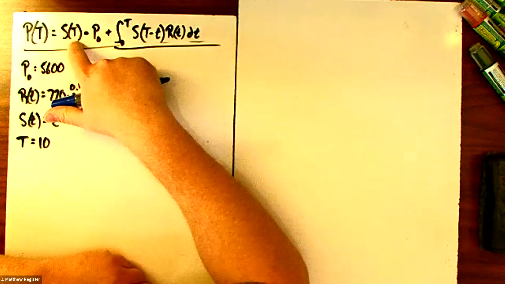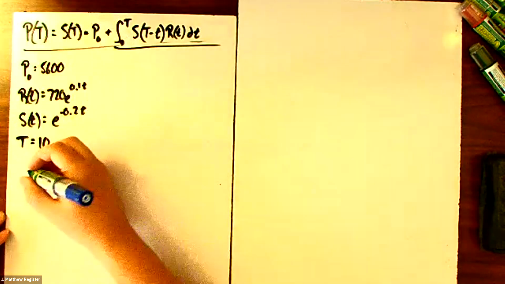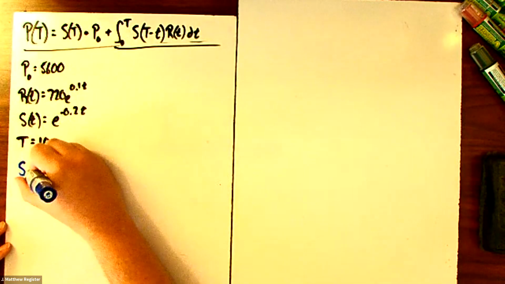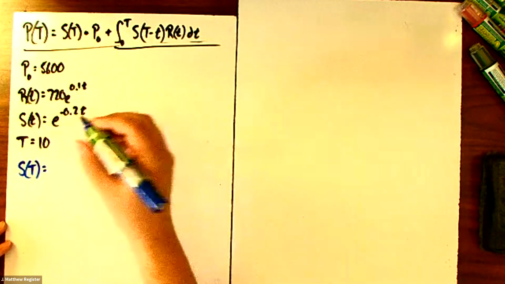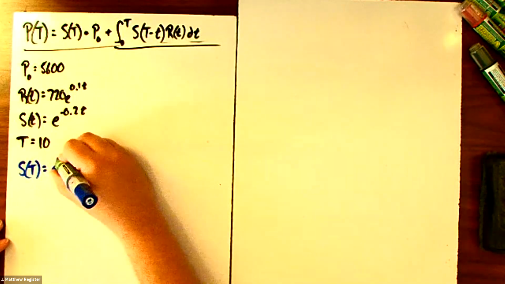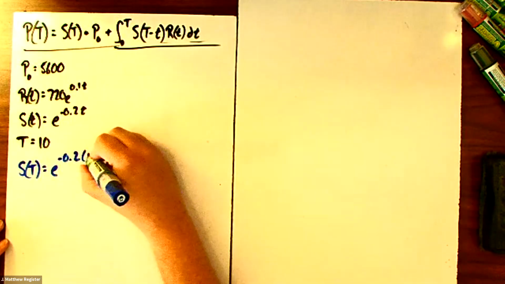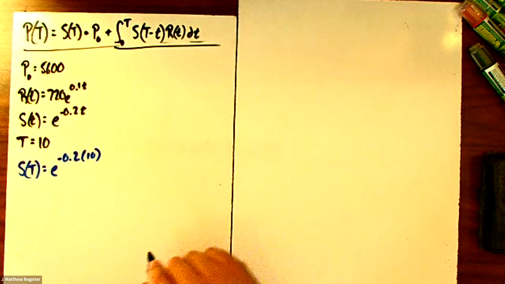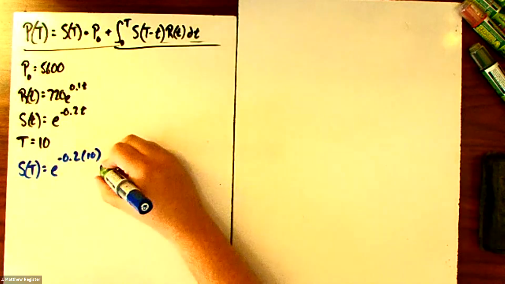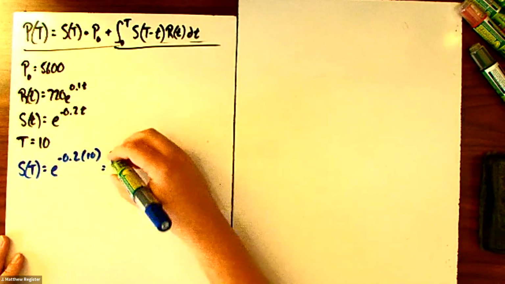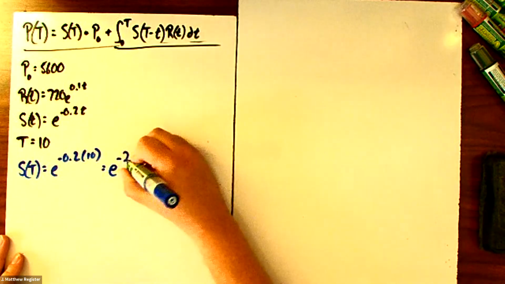This is saying s of big T. And so s of big T would be equal to e to the negative 0.2 big T, which is 10. And we could even multiply that out and give us e to the negative 2.